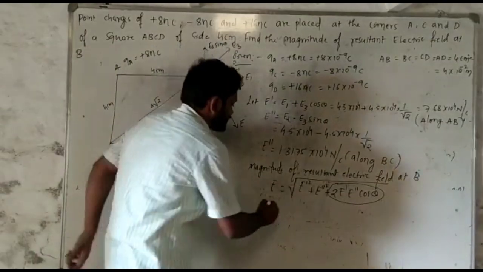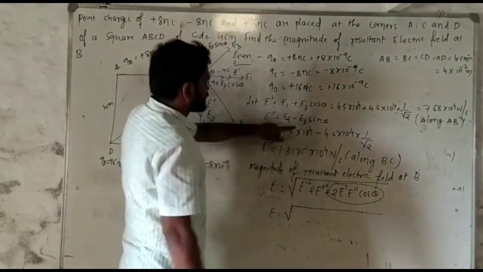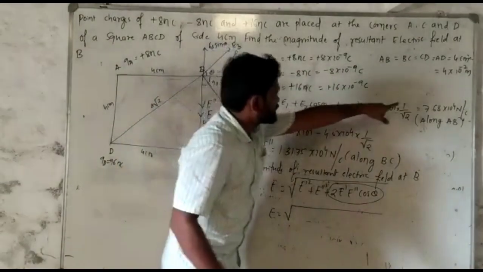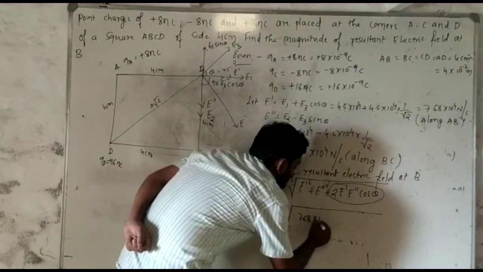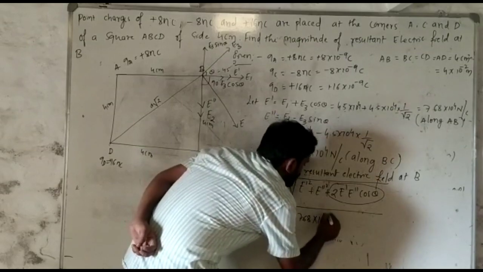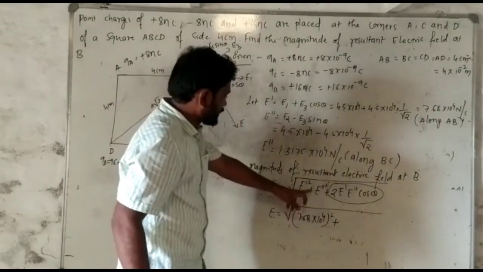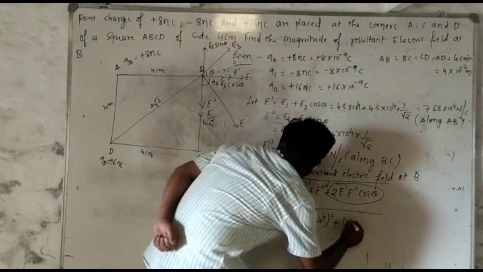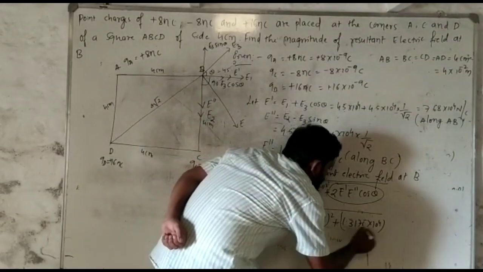Now substitute the values here. E is equal to square root of E dash square plus E double dash square. What is E dash here? E dash is equal to 7.68 into 10 raised to 4, whole square, plus E double dash is equal to 1.3175 into 10 raised to 4, whole square.